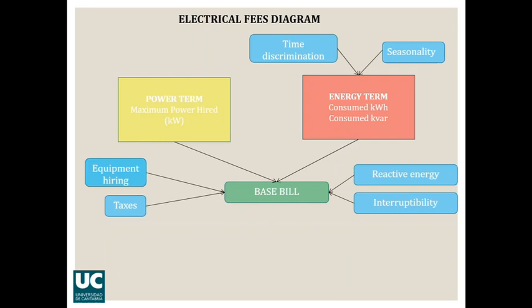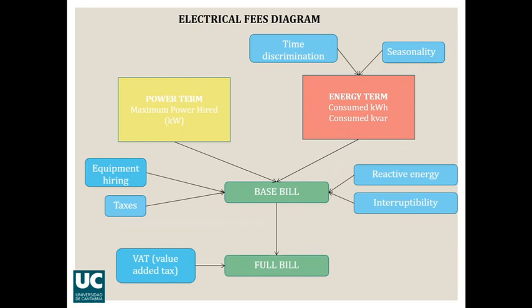We have also taxes that will depend on the particular country in which we are having our electricity service, and also the reactive energy and the interruptibility are going to affect the base bill. Then we will need to add the value added tax, which is the IVA in our country, and that will define the full bill.